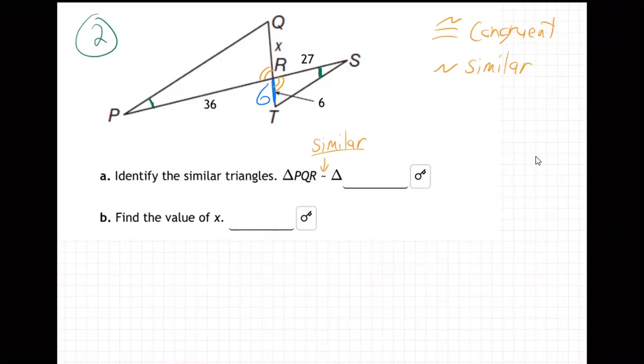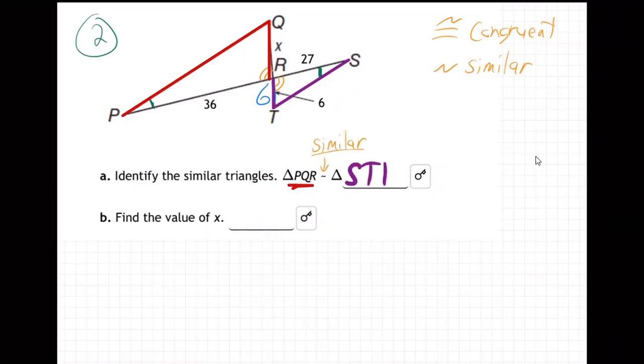Well, let's look at it carefully. Let me come over here and go P, Q, R. That's the order they're giving right here, P, Q, R. That's going to be the same as what order in the other triangle? Well, S, T, R. Do you see that?